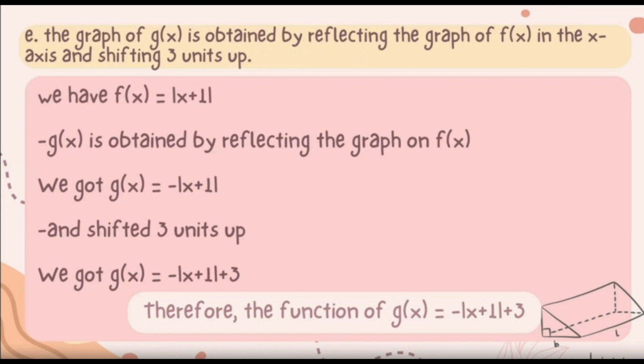The graph of g(x) is obtained by reflecting the graph of f(x) in the x-axis and shifting 3 units up.